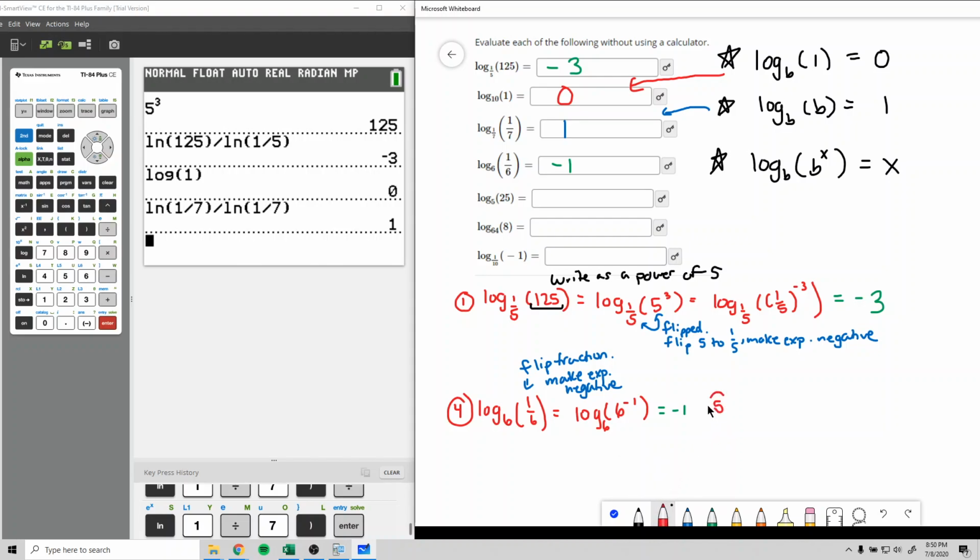Number 5 is also not a direct application. I don't think the rest are. Number 5, we have log base 5 of 25. And luckily for us, there are no fractions here. What we need to do is write 25 as a power of 5, because we want to write it as a power of the base. And 25 is 5 to the second power.